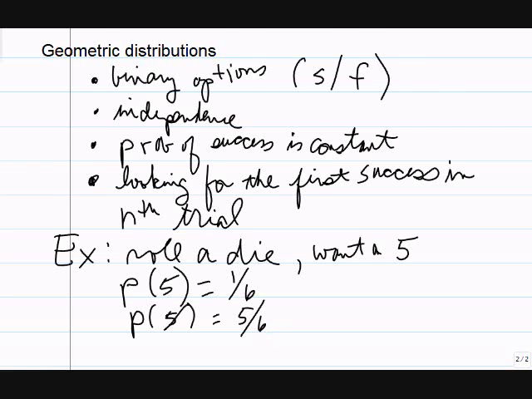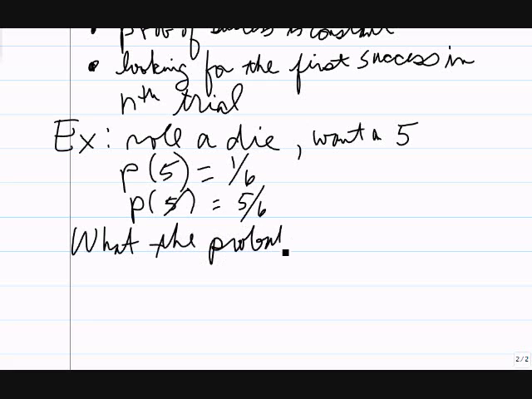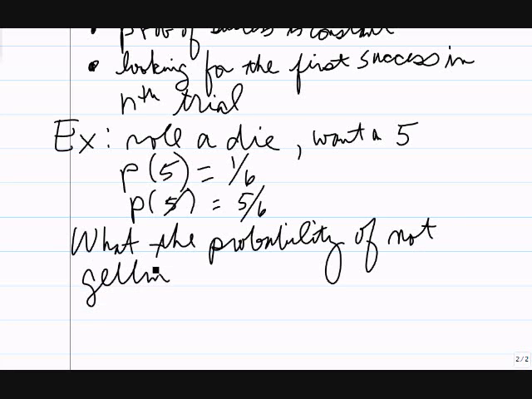Now for a geometric setting, I'm going to ask myself, what's the probability of not getting a 5 until the 6th roll?